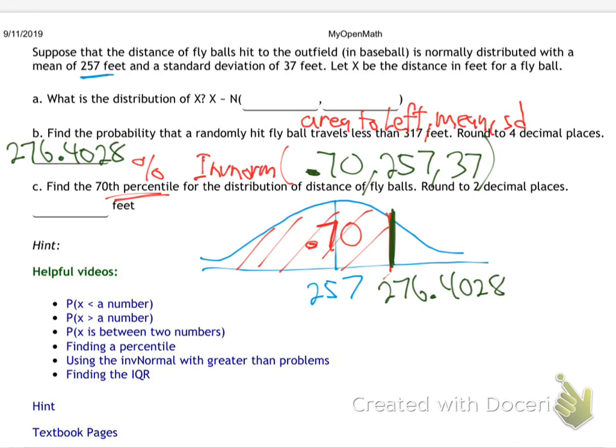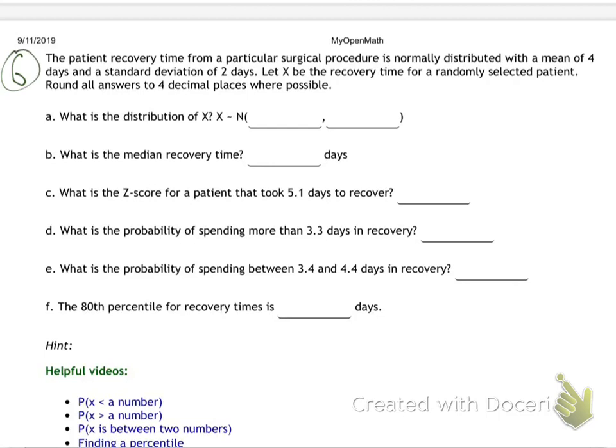So any fly ball hit 276.4028 feet or less is at the 70th percentile mark, meaning 70% of all fly balls are hit 276.4028 feet or less. Oh, there we go. There's a statistic. 276 feet or less, 70% of fly balls. We good there? Oh, I put that in the wrong blank, didn't I? That should go down here. We already did part B. We're done with part B. There we go.